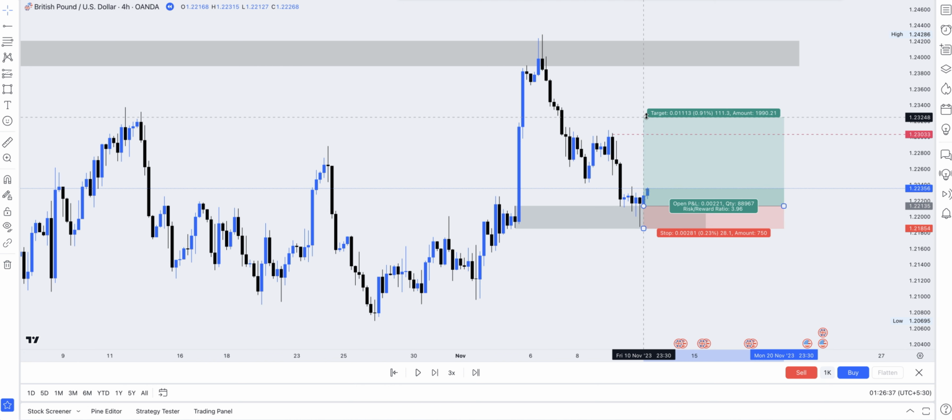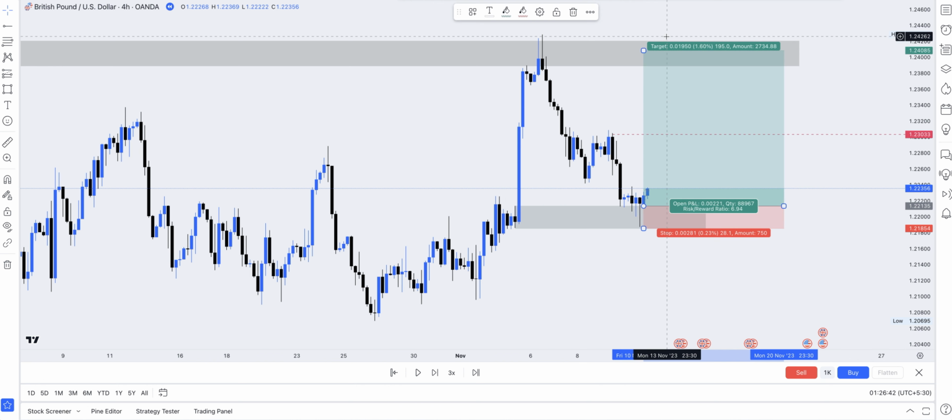Then my second take profit would be at this previous resistance zone, because price can move to this side or price can just get here and reverse. My first take profit will be almost 1:3, which is a very good risk to reward, and my second take profit will be 1:6 or 7, which is also a very good risk to reward.